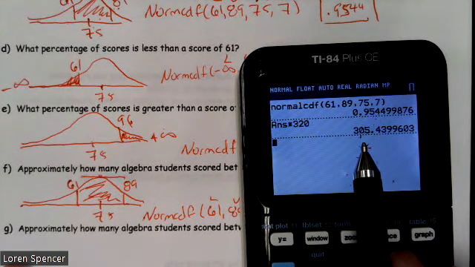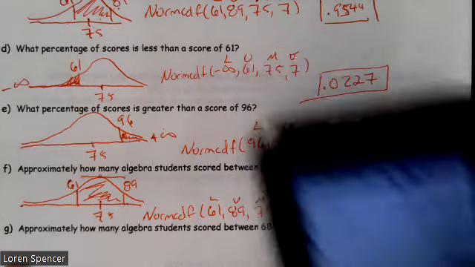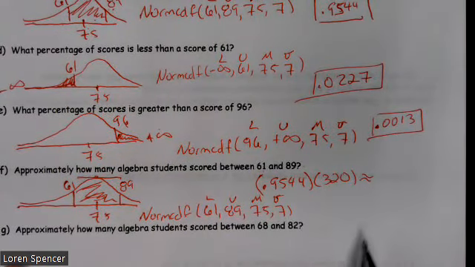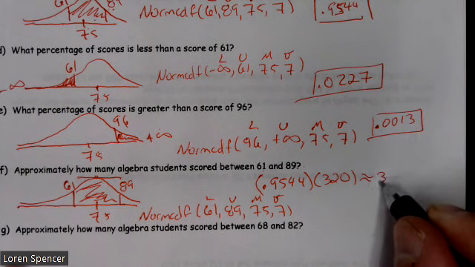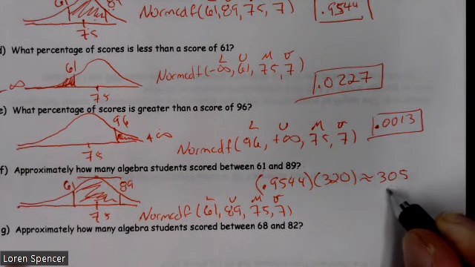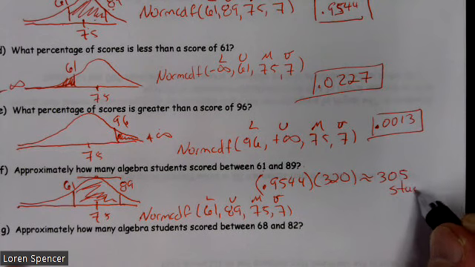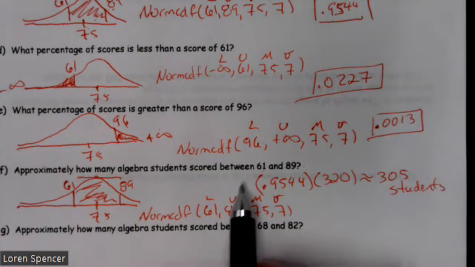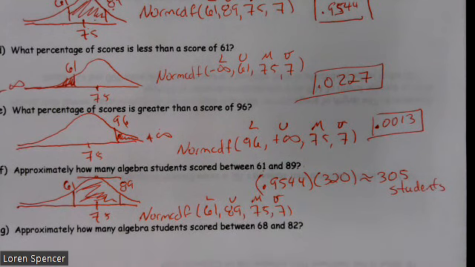And when we do that, we find out that it's about 305. That's the about symbol, 305 students. So about 305 students made between a 61 and an 89.